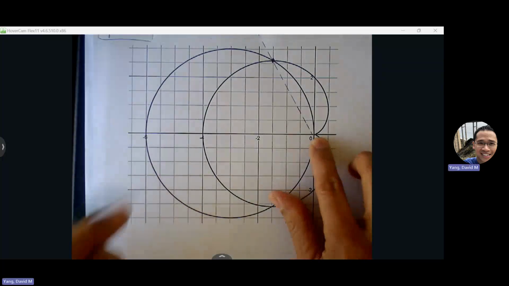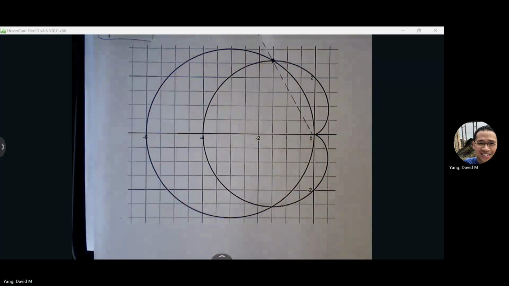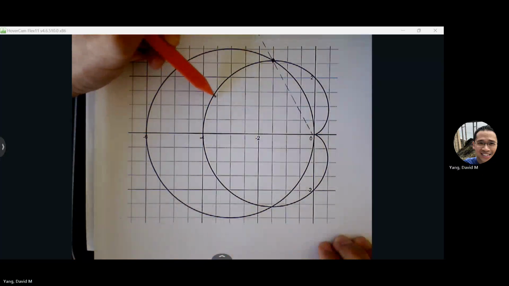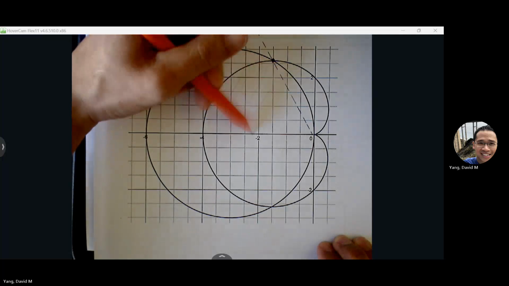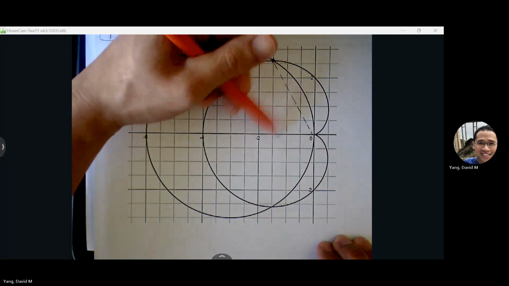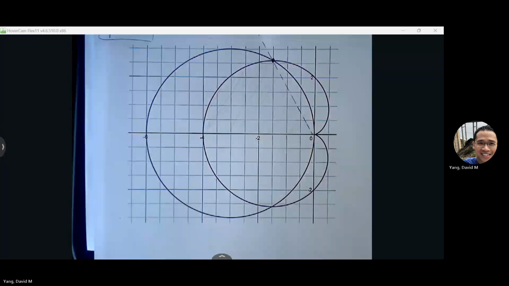And we know that if we want to find the area of this shaded region, it's made up of 2 components.